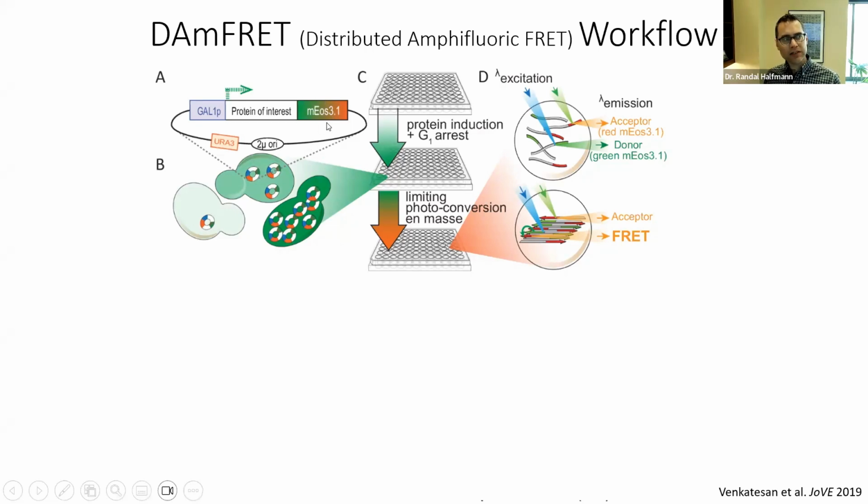And this protein has a unique property that it starts out green, but if you hit it with violet light, it will transition to a red form, irreversibly. And that transition is probabilistic for every molecule. So within a culture of cells, you can just illuminate that culture for an empirically optimized amount of time to transition a fraction of the molecules from green to red.